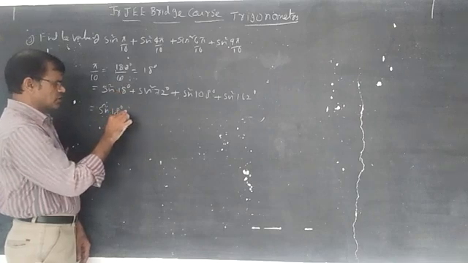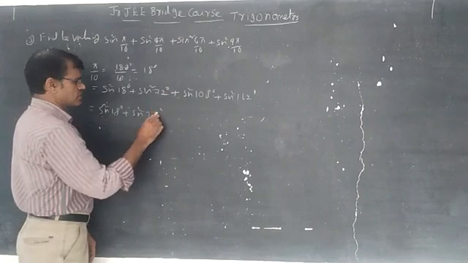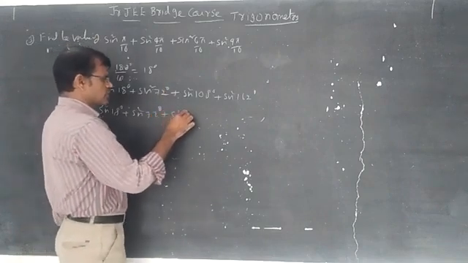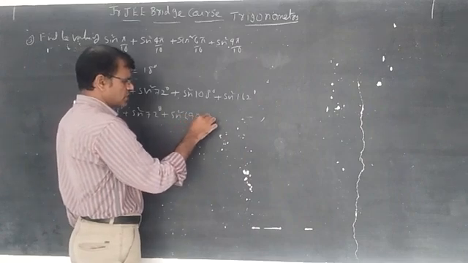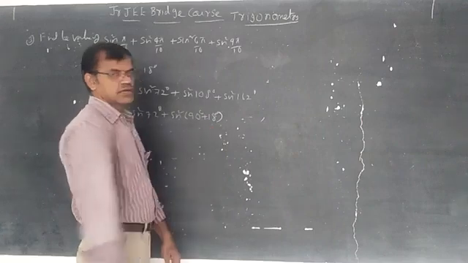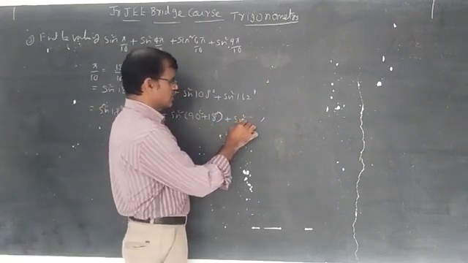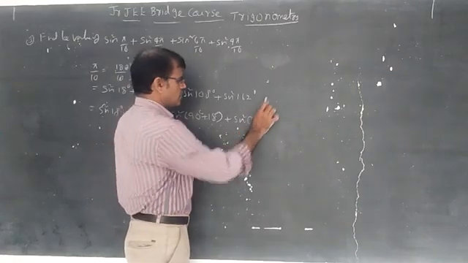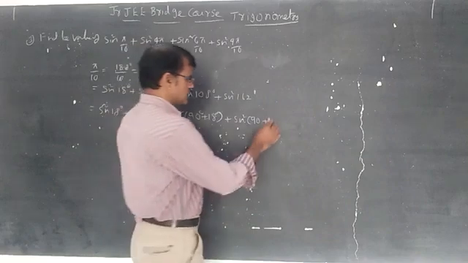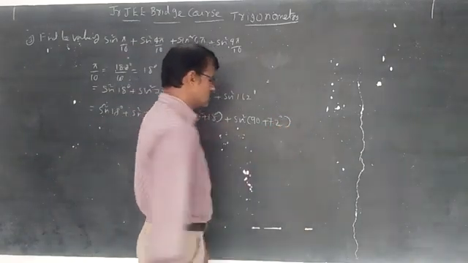Now you can understand: sin square 18 degrees plus sin square 72 degrees plus sin square of 90 plus 18 degrees plus sin square of 90 plus 72 degrees.